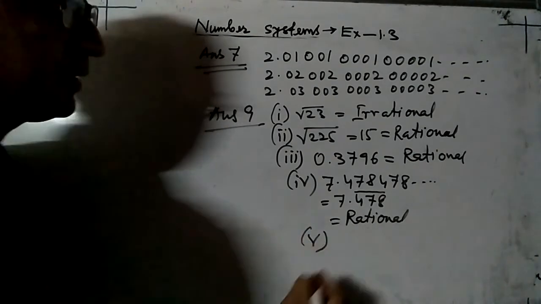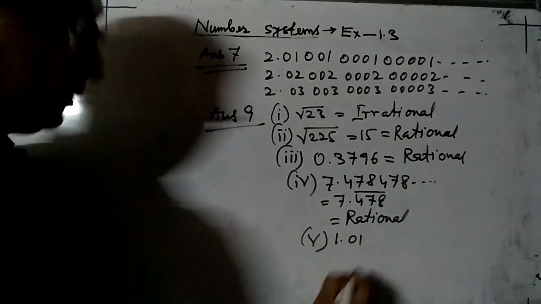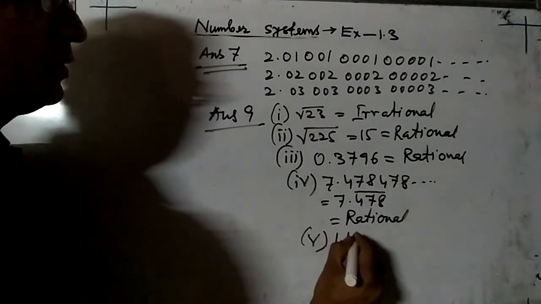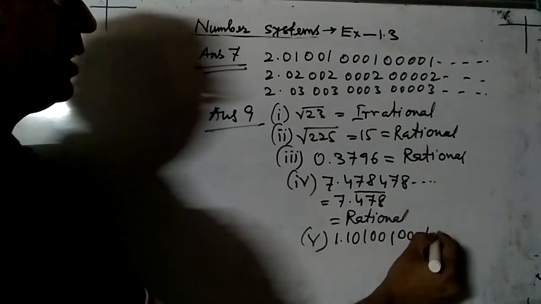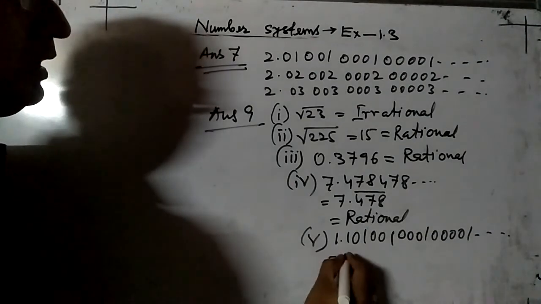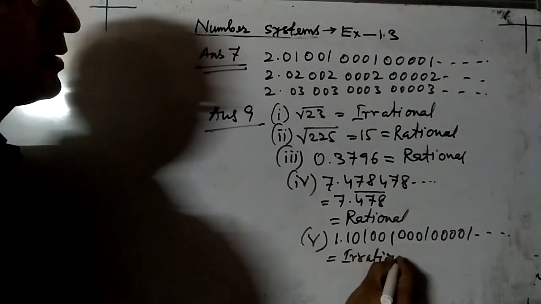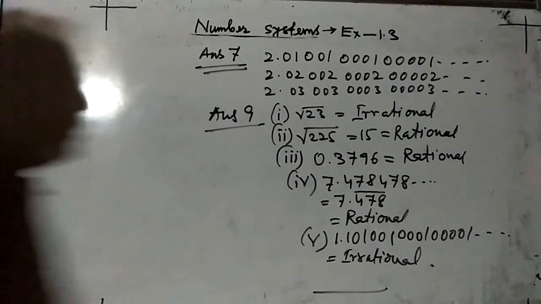And the fifth one, clearly it is irrational: 1.01001000100001, and so on. Clearly it is irrational. So this exercise is finished, and in the next class we'll solve exercise 1.4. Thank you.